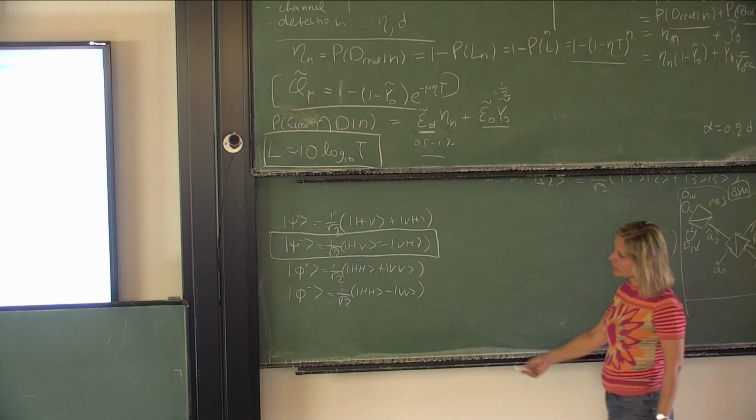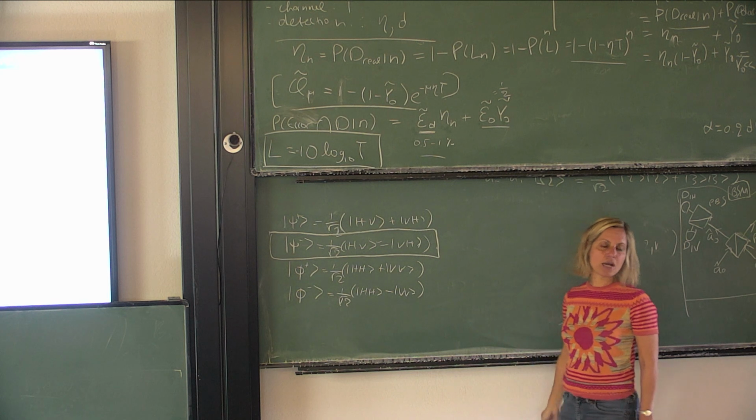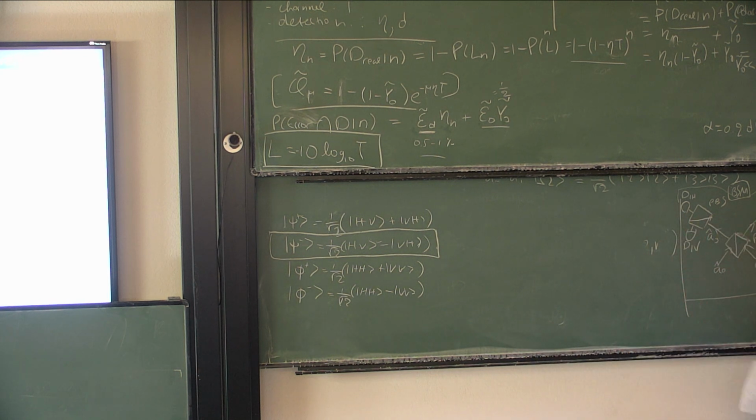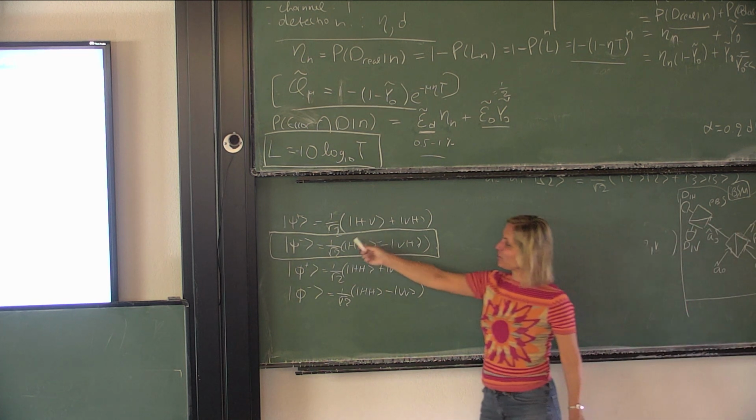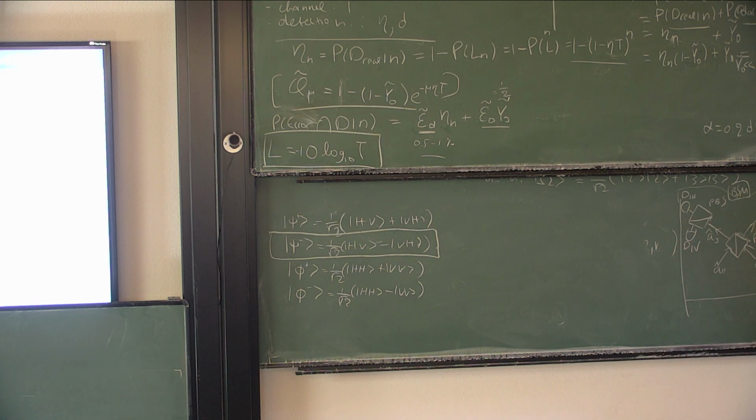It's the only one that is anti-symmetric when you change the position of your qubits. And this is actually quite important. The fact that it has this antisymmetric wave function in the polarization is why it's called singlet, and it actually makes it easier to detect in this device.